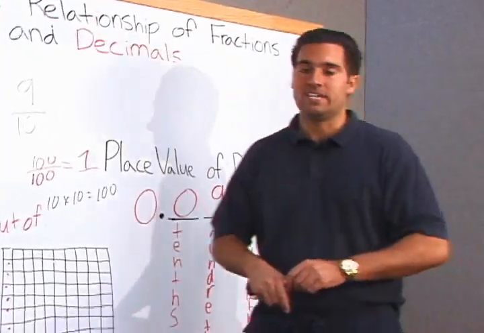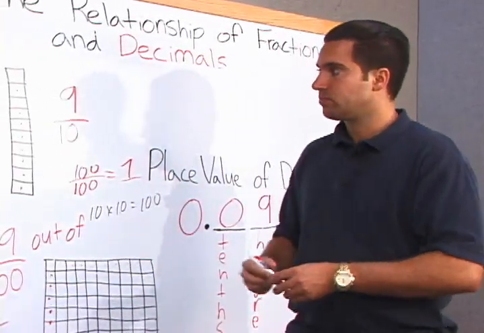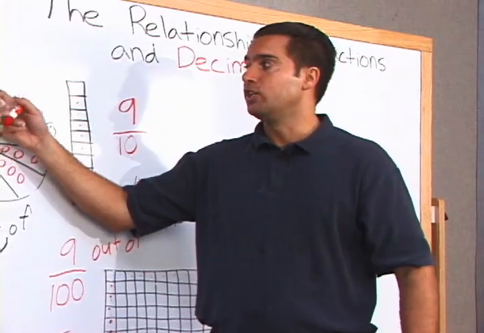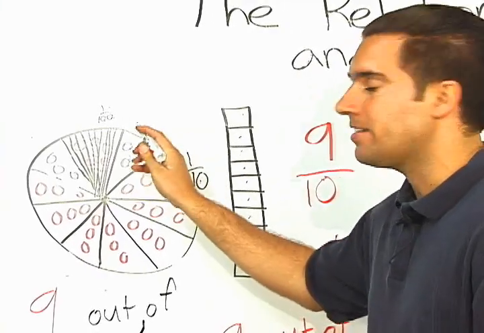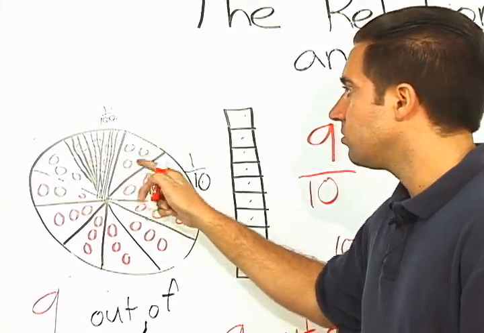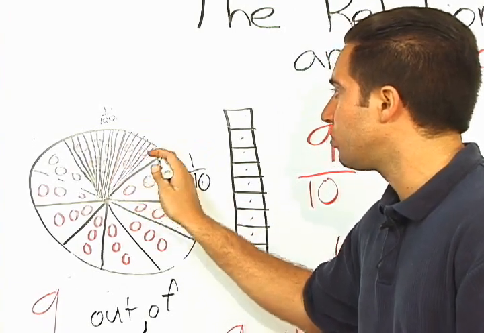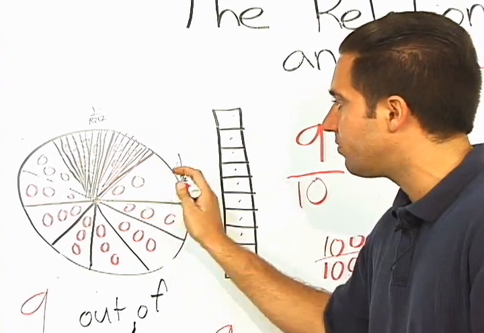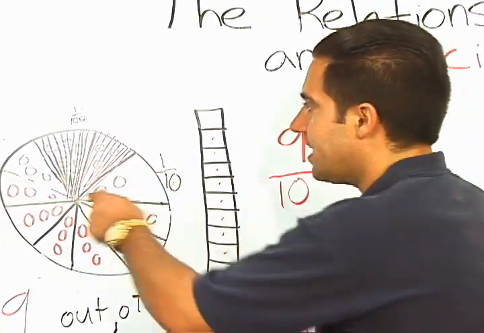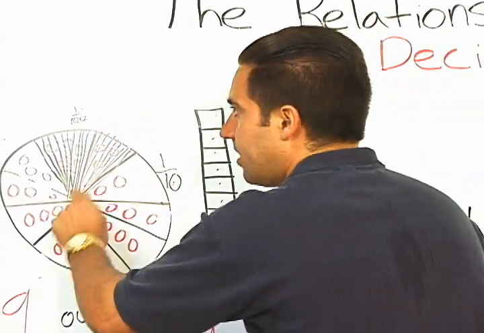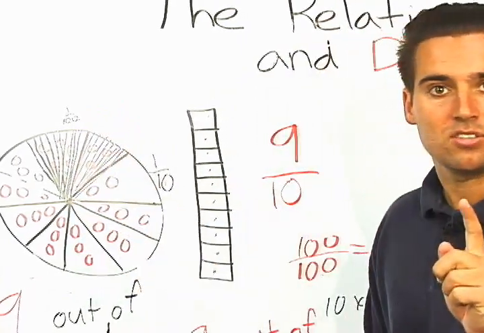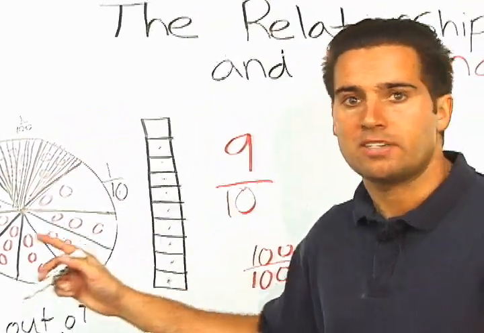Hundredths. We take this pizza, 1 100th. If I take this slice and cut another 10 slices here, super small, and I do it for the whole pizza, I just cut, cut, cut. So I have 100 slices, not 10 slices, not the Domino's 8 slice.